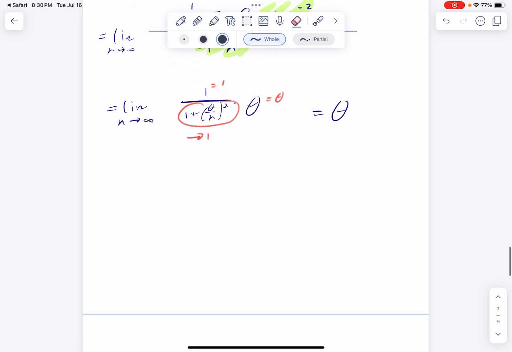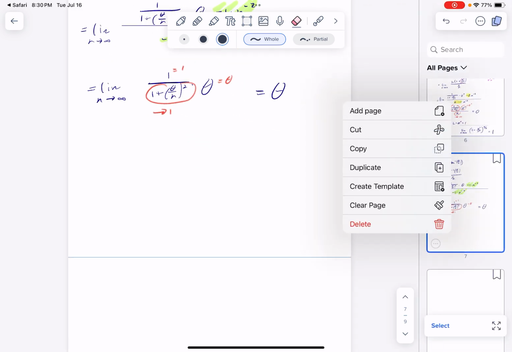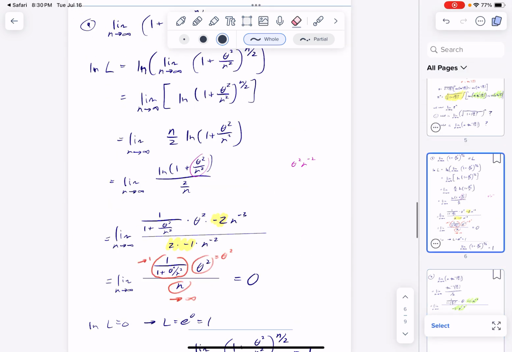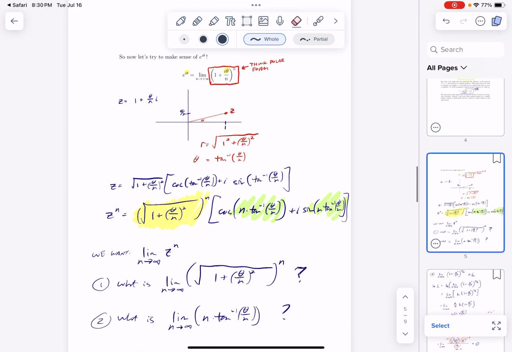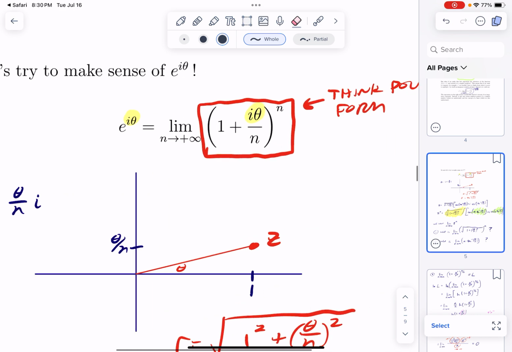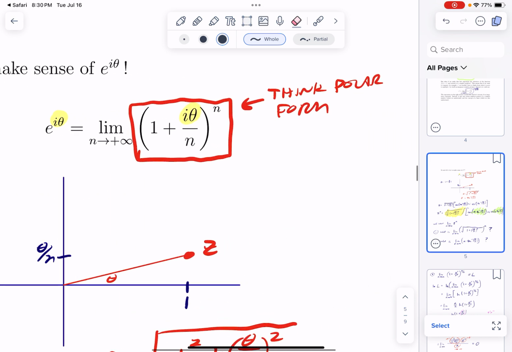So let's really summarize all of this that we found here. Let's just recap what we're doing. We want to figure out, in a very general way, what do we get when we raise e to an imaginary power? By our extended definition of what it means to raise e to a power, we're going to do this. So we put this in polar form.